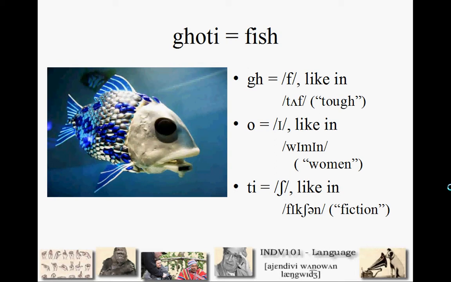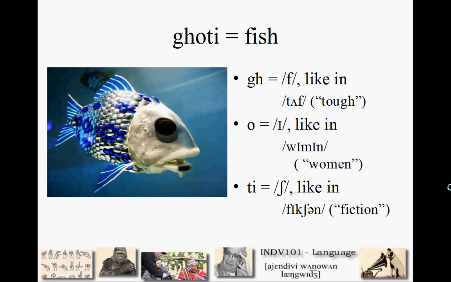If you take the F sound, the GH from the word tough, which is pronounced like an F, the I sound, the first syllable of the word women, is spelled with an O but pronounced sort of I. And the sh sound, which is spelled T-I in the word fiction. So if you put all those together, you get G-H-O-T-I pronounced as fish.